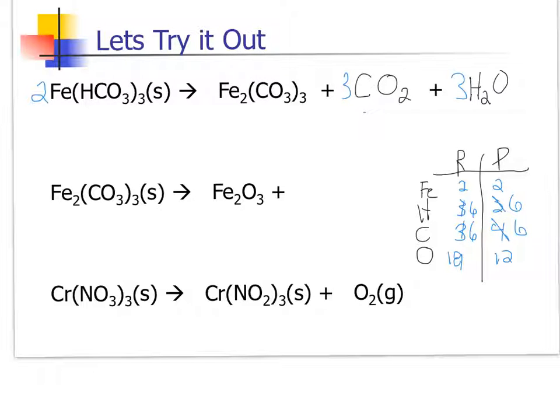Now let's take a look at my oxygen, because I've been dealing a lot with this other stuff that I haven't dealt with oxygen yet. And so I have 9 still here. So I have 9 plus 6, which is 15, plus 3, which will give me my 18. And so it happens to be that oxygen just balanced itself out.